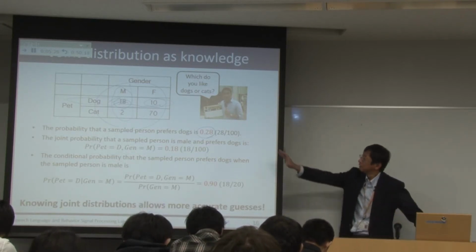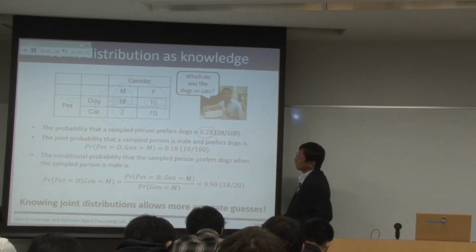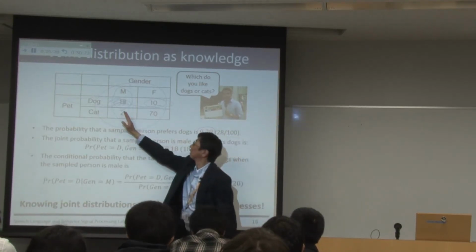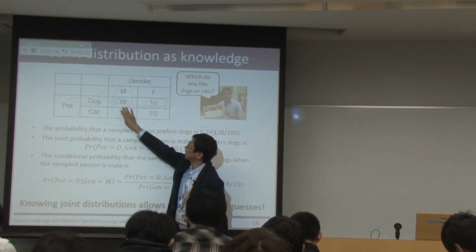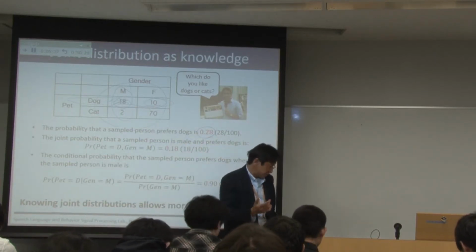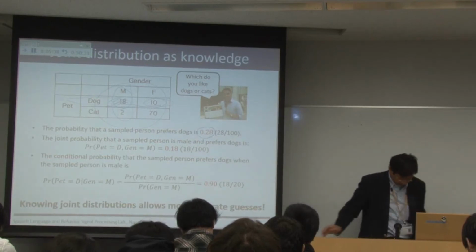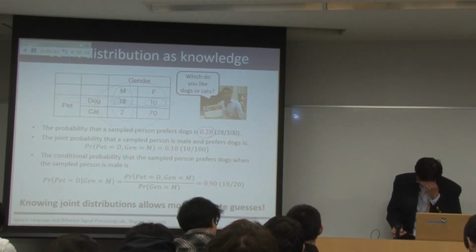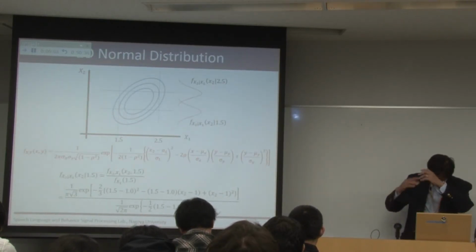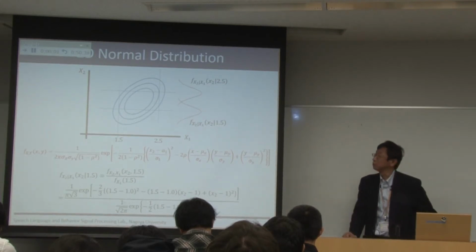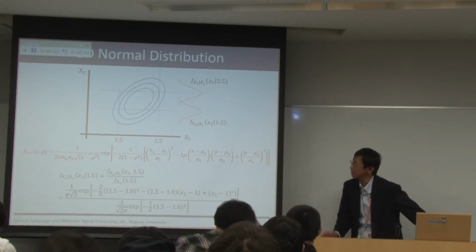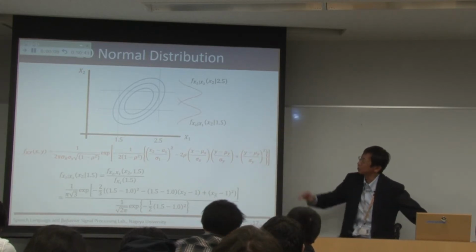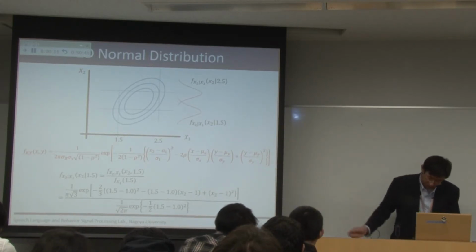But anyway, you see, by knowing the gender here or there, you can differentiate the prediction result like this. And this is a very simple description of the joint distribution and conditional distribution.